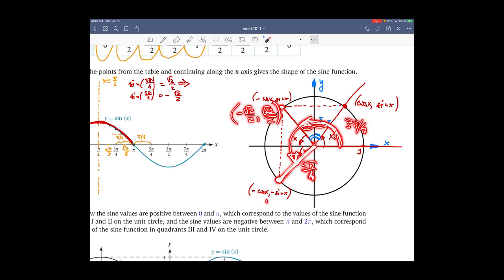Then the coordinates of this point will be negative root 2 over 2, negative root 2 over 2. We have this kind of symmetry if we imagine a mirror at the point pi, 0. So the point 3 pi over 4, root 2 over 2 will be symmetric to the point 5 pi over 4, negative root 2 over 2.